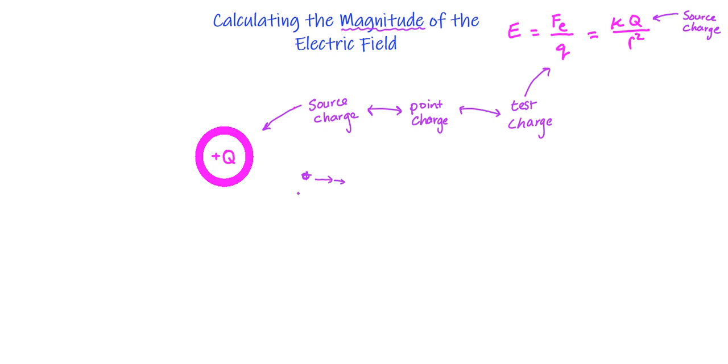Whereas if I place a little negative test charge over here, it would be attracted. So we can see that the electric field can have a different direction depending on what kind of source charge you have located. Now that's very different from the gravitational force, because the gravitational force is going to be considered only attractive and it can't repel.